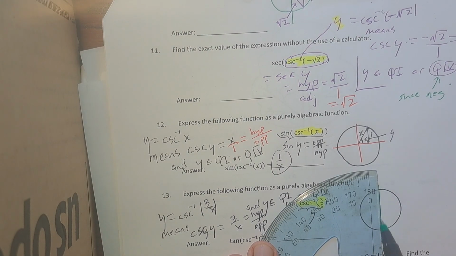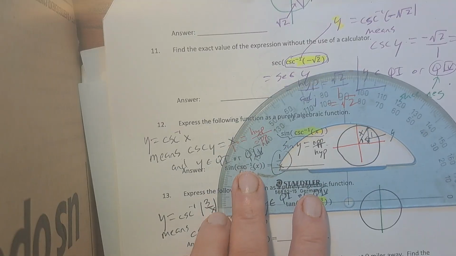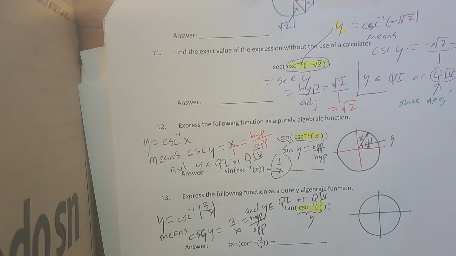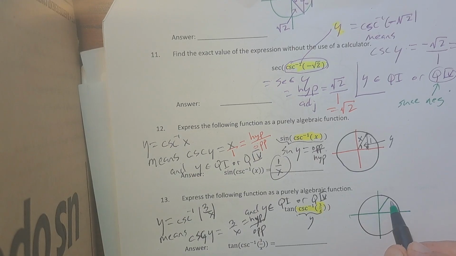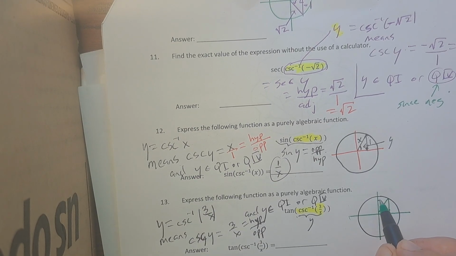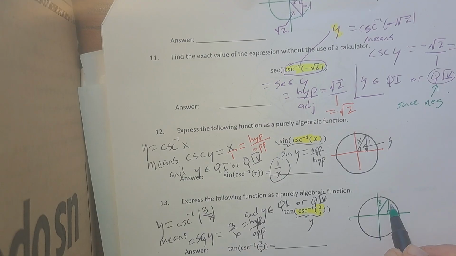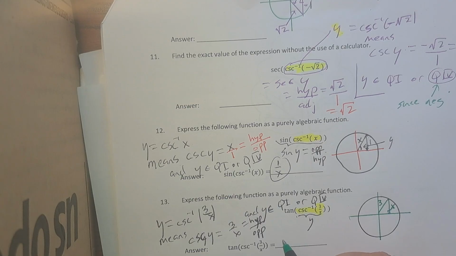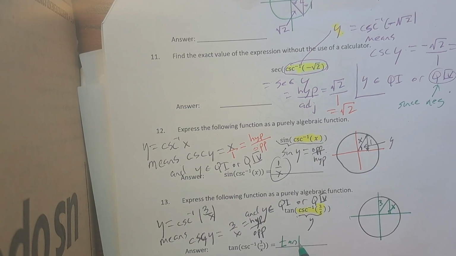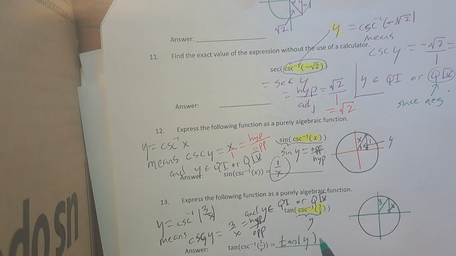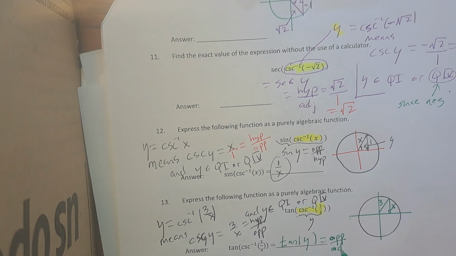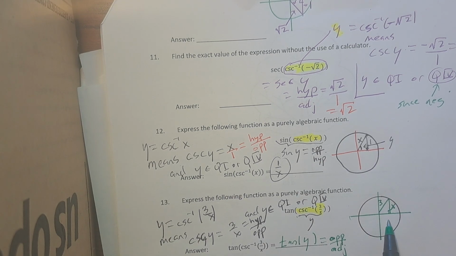So off I go and draw myself a picture so I can figure it out. Hypotenuse is 3, and the opposite side is x, because we already worked that out. To do tangent of y, because I named the inside function y, tangent is opposite divided by adjacent. I don't have the adjacent side.